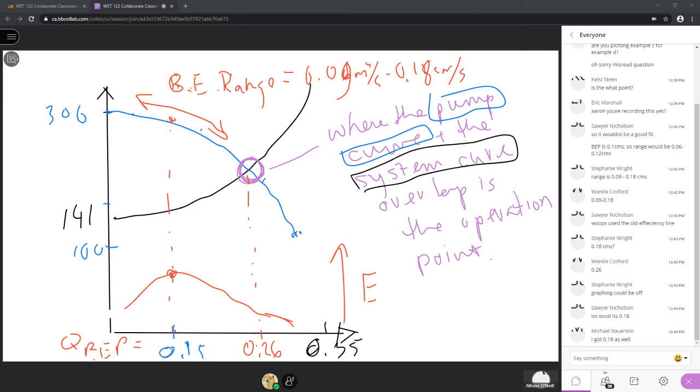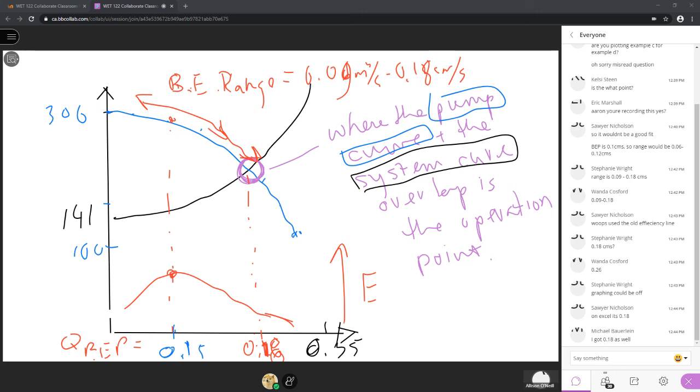Sawyer says it's 0.18. Okay, so I'll adjust that. So our best efficiency range goes up to here, and our operating point where they intersect is approximately 0.18.